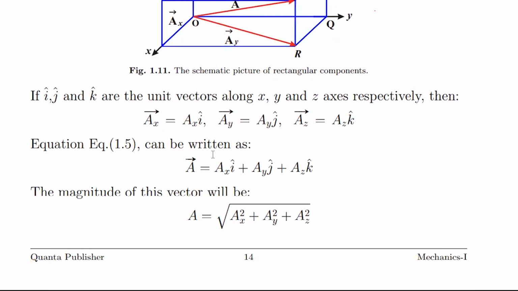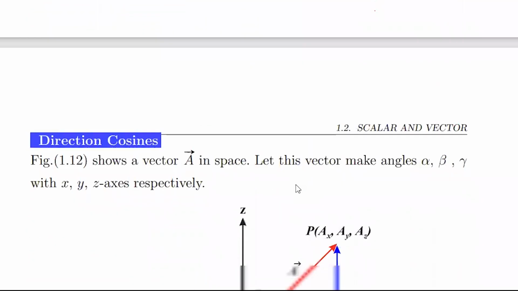In case of magnitude, we will scale the AX component, AY component, and AZ component. Because a unit vector has magnitude 1, the square of 1 is also 1, and we do not write 1 here. So simply A is written as the square root of AX square plus AY square plus AZ square.